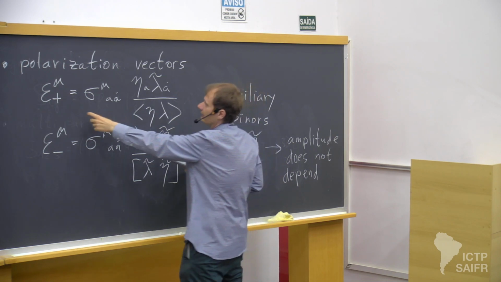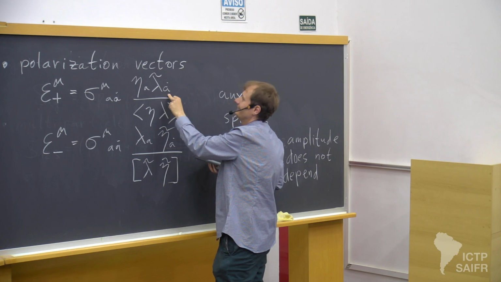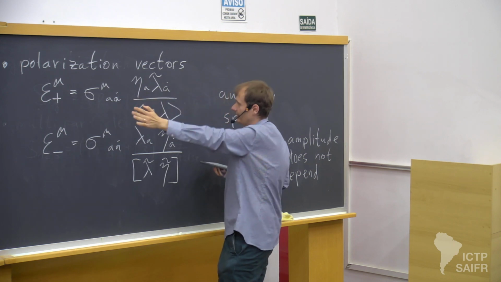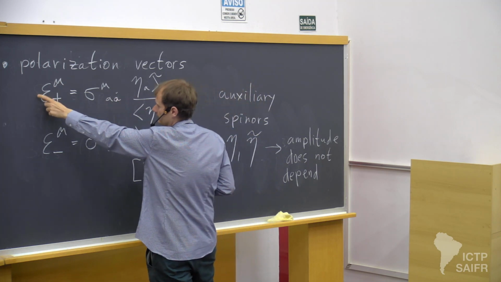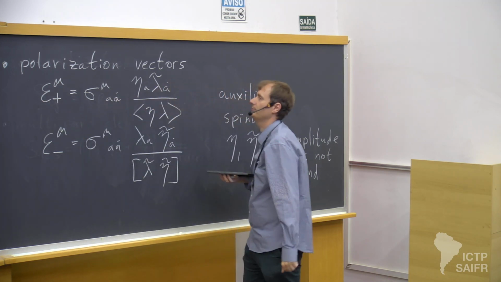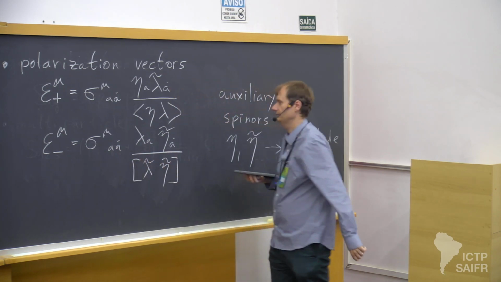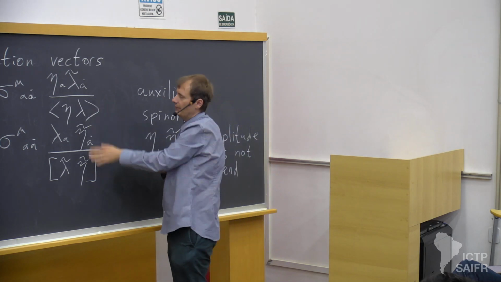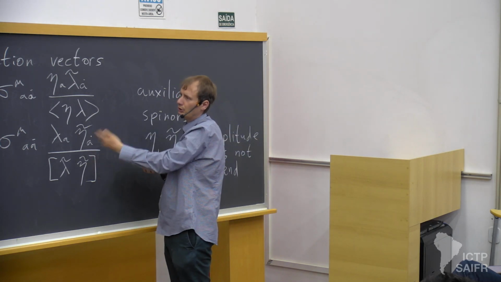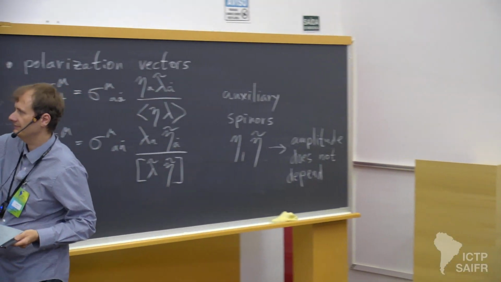So you can think about it that for the plus helicity, in the A dot direction it points in the direction of lambda tilde of the particle for which this is the polarization vector, and the same thing for the minus, just in the direction of this lambda. The way to get these expressions is that you show they satisfy the same properties as these epsilons here.